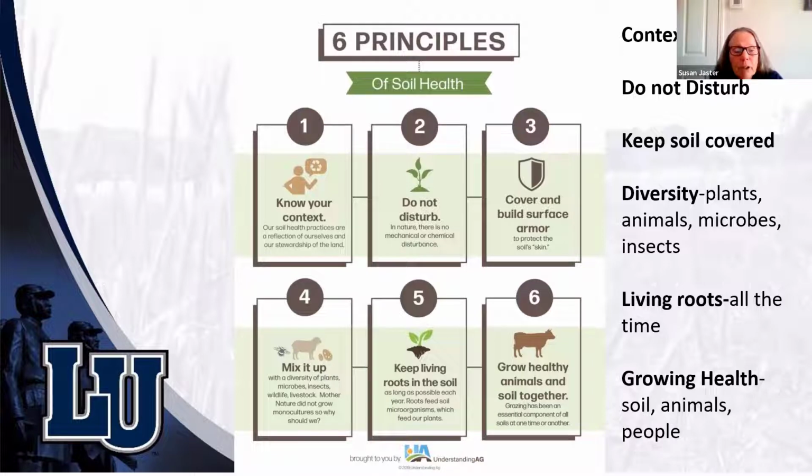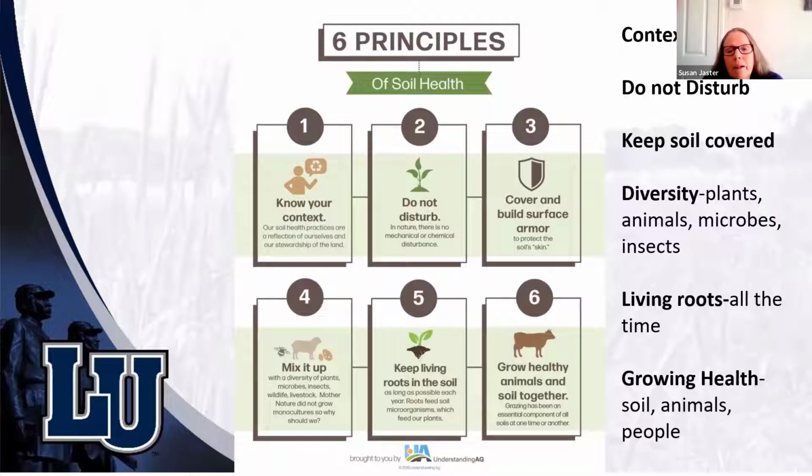The next thing is we don't want to disturb the soil. And that means mechanical or chemical disturbances. So if we are using a lot of chemicals, that disturbs the soil. And if we are using heavy equipment out there to till, that's another kind of disturbance. And then we're going to talk about another kind of disturbance later, but that will help this.